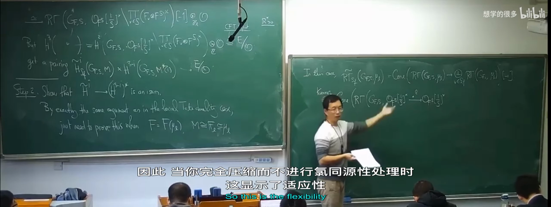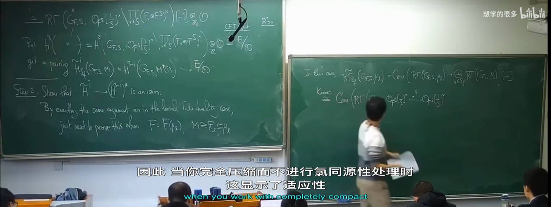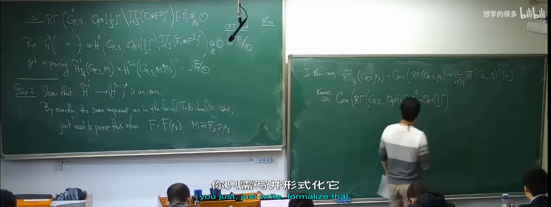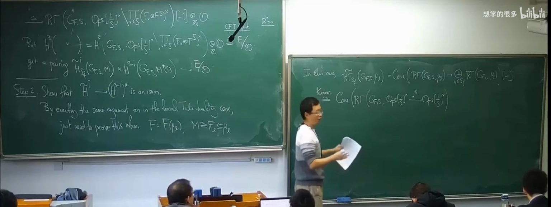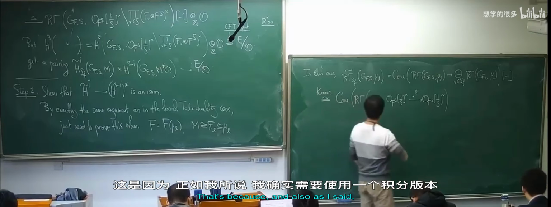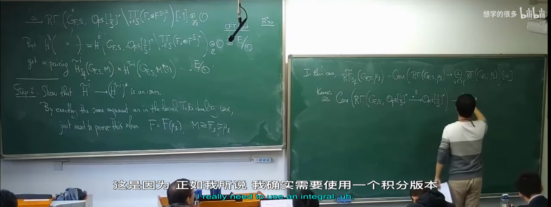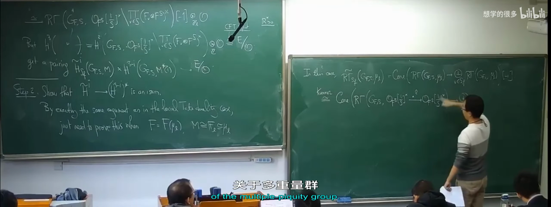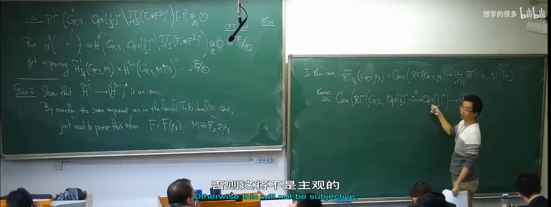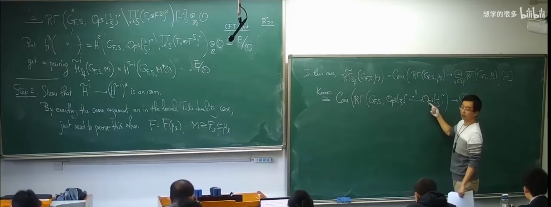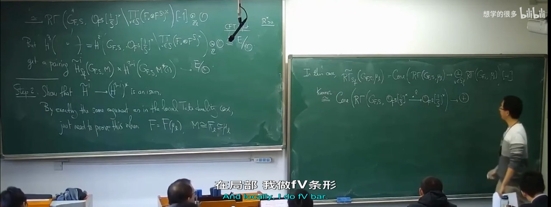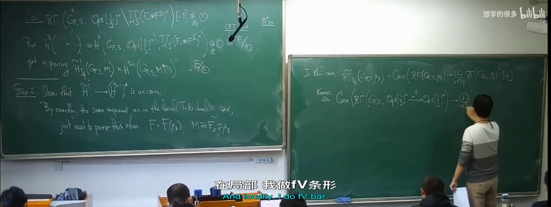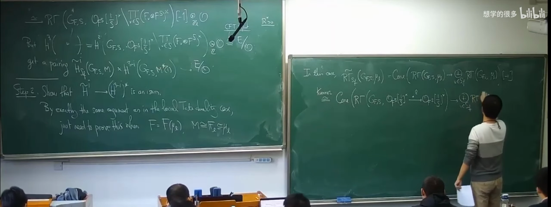So this is the flexibility when you work with continuous cochains without taking cohomology. You just formulate that. Also, as I said, I really need to use an integral version of the multiplicative group, otherwise this will not be surjective. And locally, I do F_v bar.